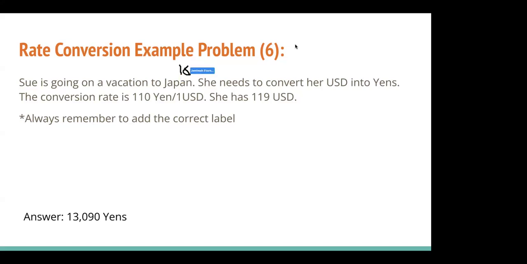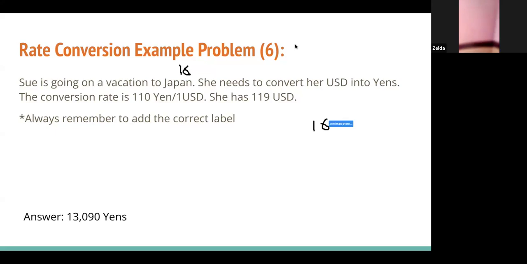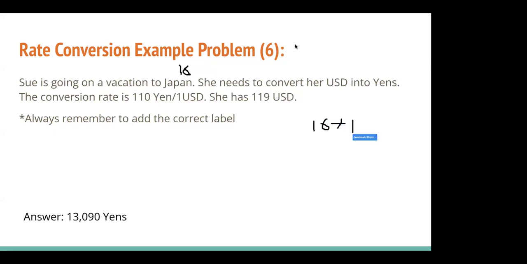So if our exchange rate is 16 Ghana cedis, and if I had 119 US dollars and I wanted to convert it into Ghana cedis, I would have to multiply 16 times 119 US dollars, right?